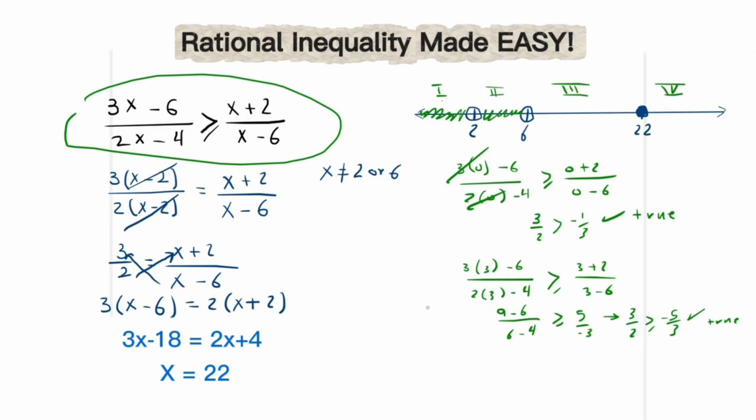And now we're going to test between 6 and 22. And always stick to the smaller numbers. So I'm going to test 7 for that region. And I'm going to plug in 7 into the equation. And I guess we'll solve this, just going to use my calculator on this and do it really fast.